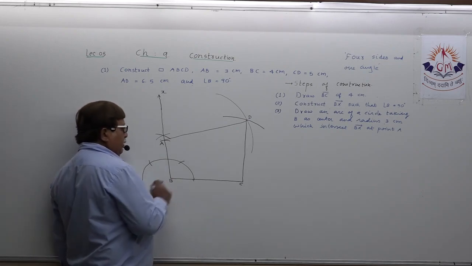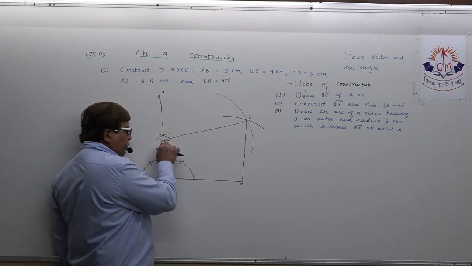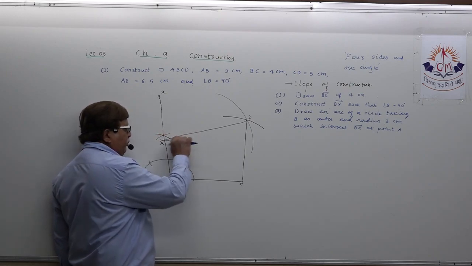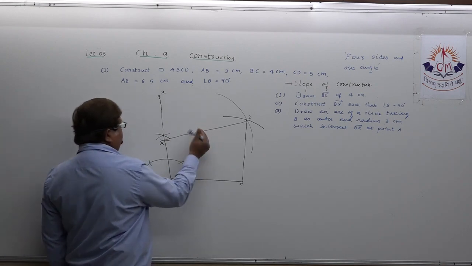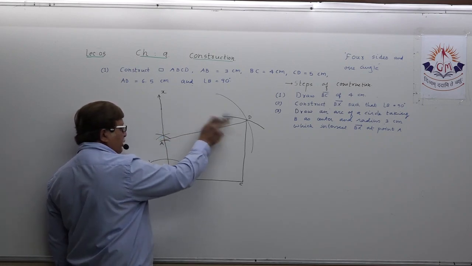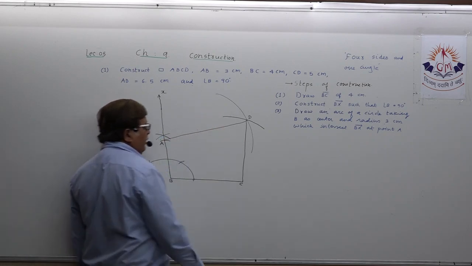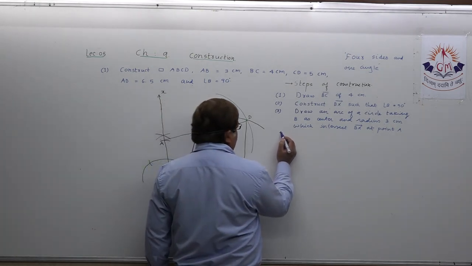Now, what we have done next, you have centered your compass here and you have taken this radius. How much was it? 6.5 centimeter, and you have drawn an arc. Okay. So fourth step, let us write.